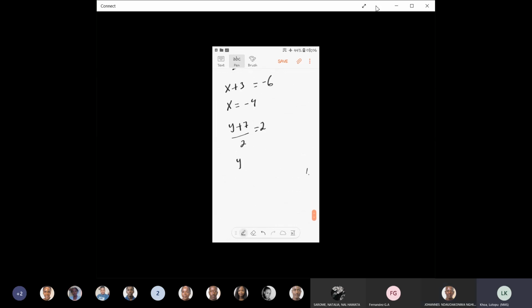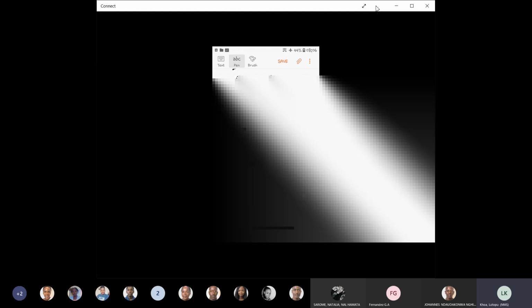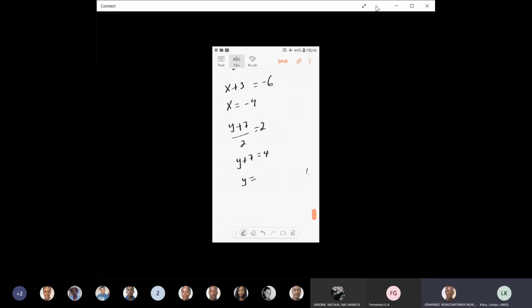So this means that y plus 7 is equal to 4, and this means that y is equal to 4 minus 7, which is negative 3. So your point B is (-9, -3), like that.